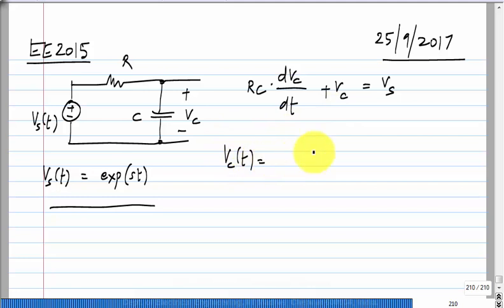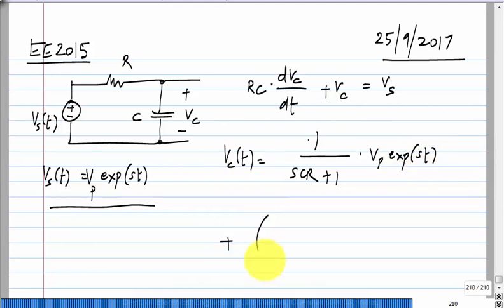Vc of t was, so let me explicitly show a peak voltage Vp. Right, that was one part of it, plus, what do we have?